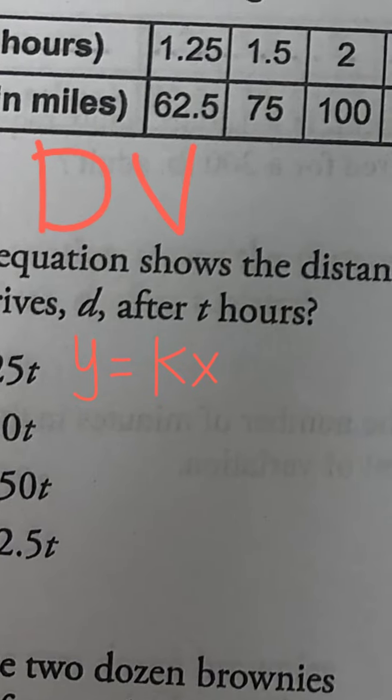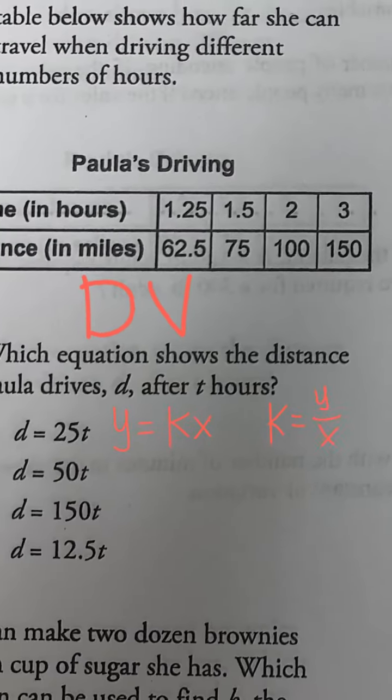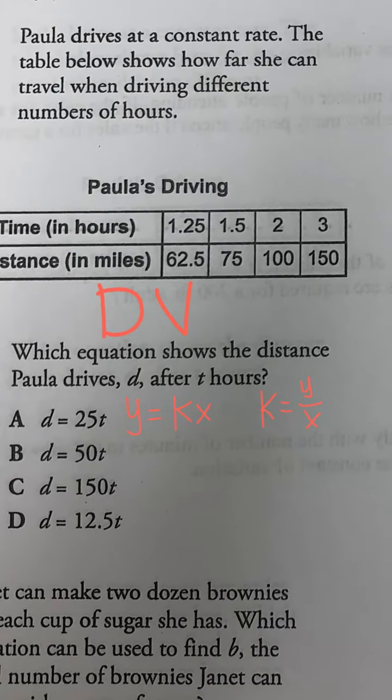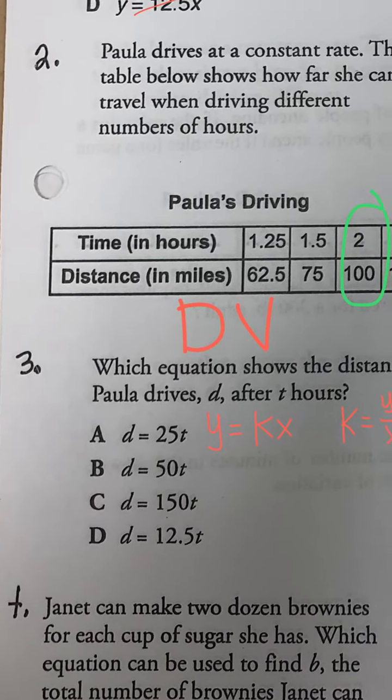And what is k again? Say it. What is k? k is just the y value over the x value. So take a look at the table. Which of these do you think are easy numbers that you can divide? I'm thinking these. Right? Now, x and y. Which one's your x? Which is your y?